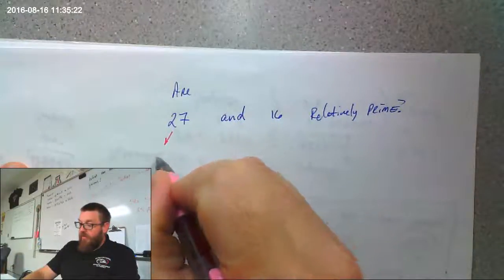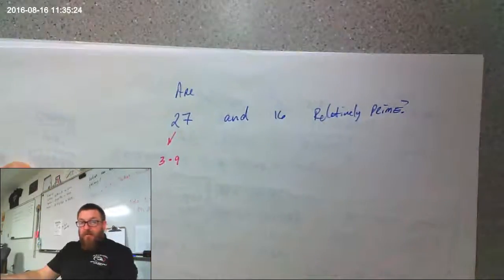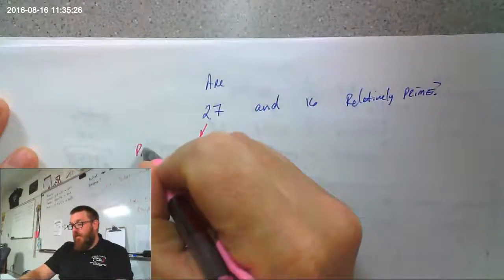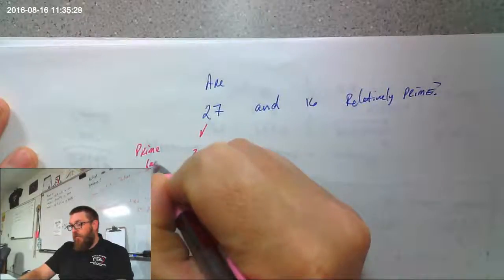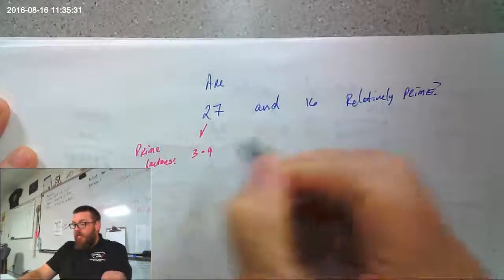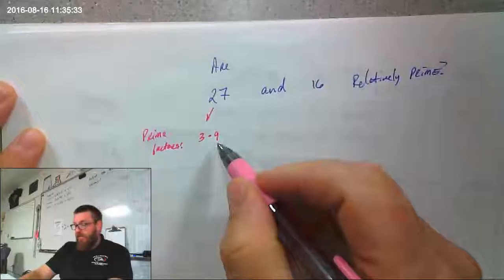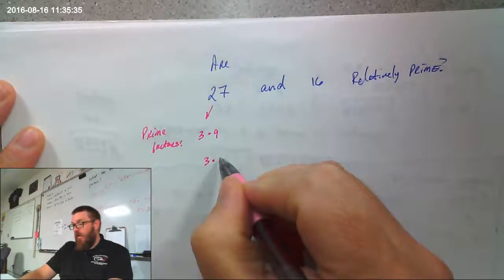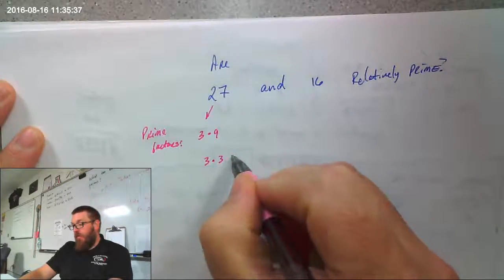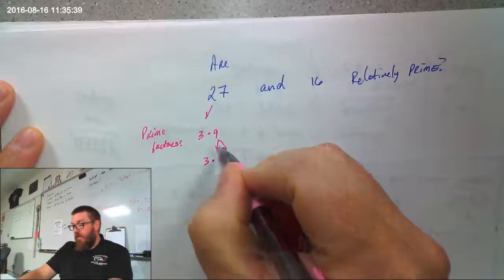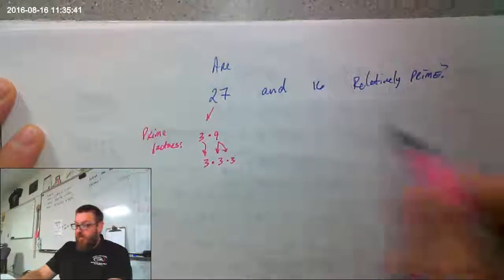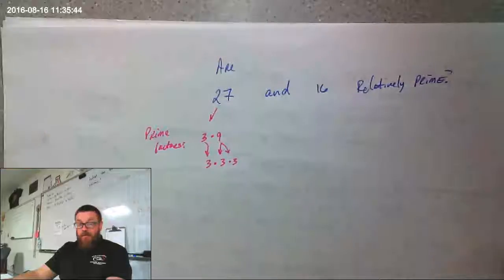So 27, well, that would be 3 times 9, right? So we're going to do prime factorization right here. Prime factors. Now 9 is not prime. 9 is composite. So 3 is 3, and then 9 itself is 3 times 3, right? Make sure you bring down the original one. So 3 times 3 times 3 is 27.